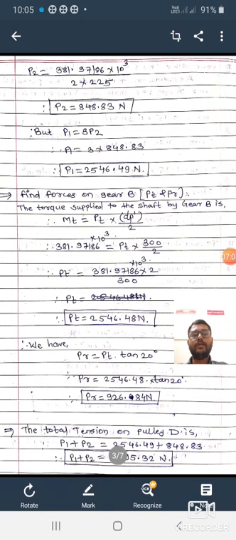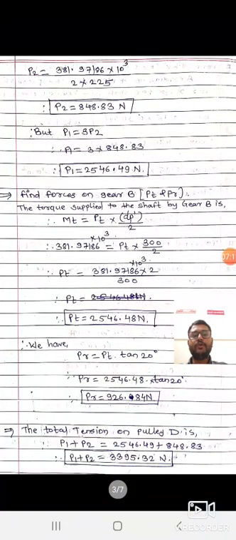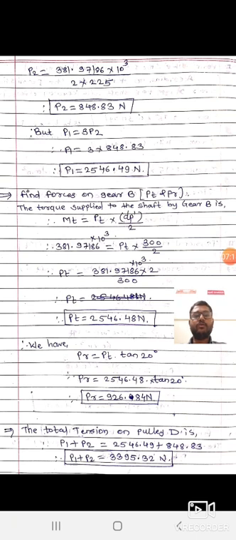So let us find PT, the tangential force, which is equal to 2546.48 Newton, and we have one condition, PR equal to PT into tan of 20 degree. So PR is equal to 926.84 Newton.